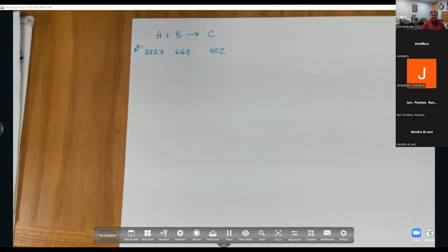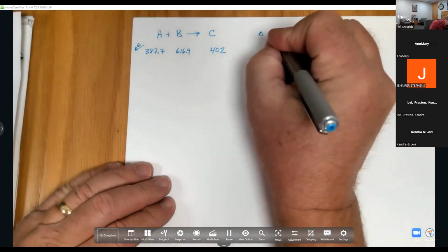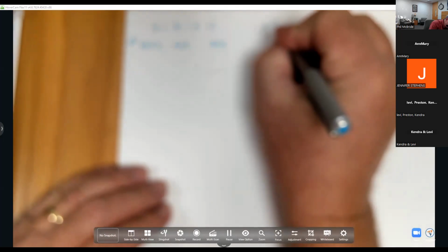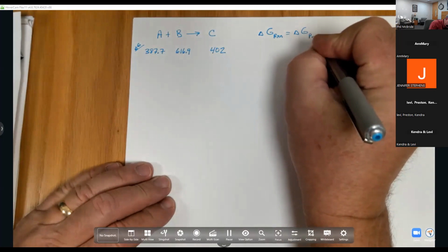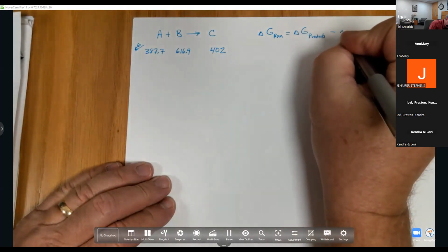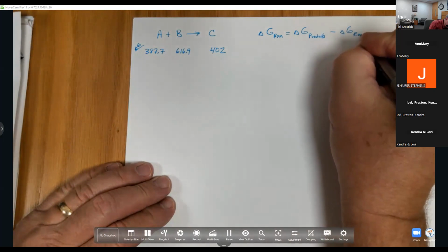Actually, this is only G, so you just have to worry about the G. When it said calculate delta H, you can just use the values for H. So delta G of the reaction is equal to delta G of products minus delta G of the reactants.